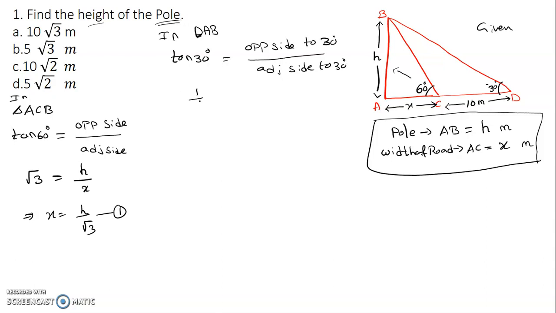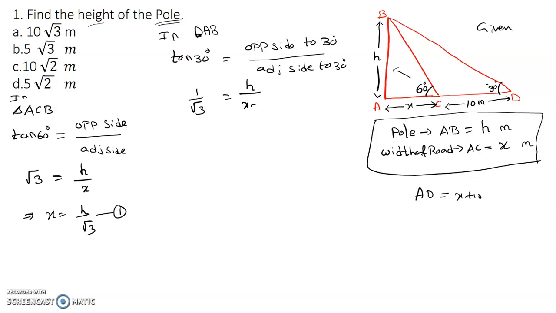Tan 30 means 1 by root 3. The side opposite to 30 is AB, which is H. The side adjacent to 30, since we are talking about the big triangle, is AD. So AD means X plus 10.